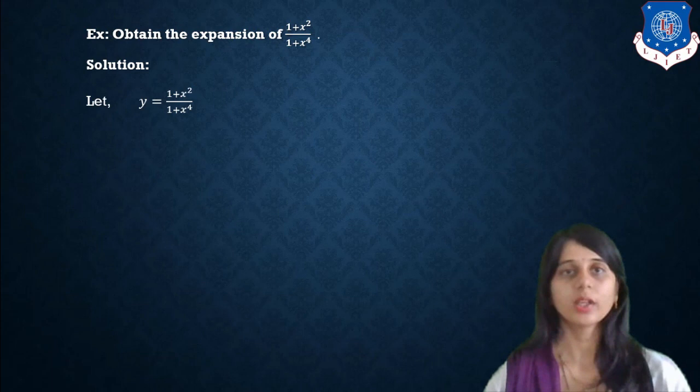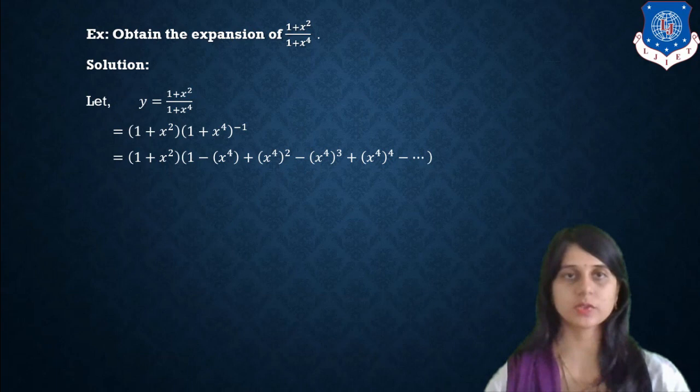Obtain the expansion of (1 plus x square) upon (1 plus x raised to 4). This expansion cannot be solved by the Maclaurin series, so we obtain it from the binomial series. Let y equal (1 plus x square) upon (1 plus x raised to 4). Then we write it like (1 plus x square) into (1 plus x raised to 4) raised to minus 1.